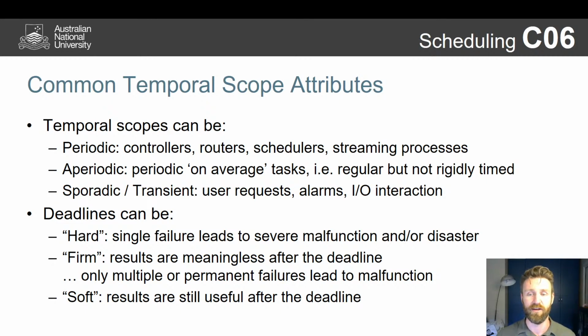If you press your window button and it fails to respond within a second, that's leading to a very poor user experience, but it's not going to kill you. Whereas there are other systems that will have hard constraints. And so those different real-time constraints could lead you to apply different priorities in scheduling, or even different scheduling algorithms.